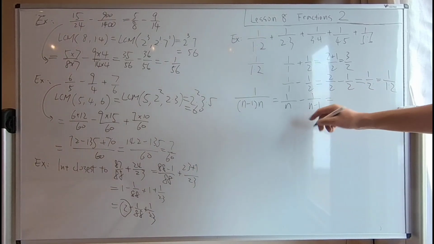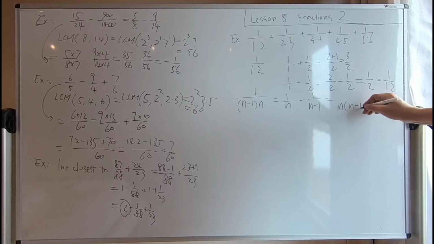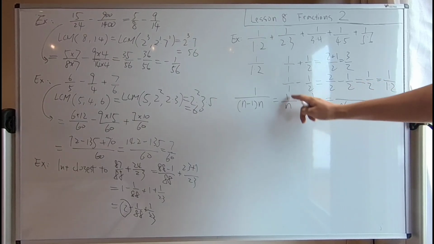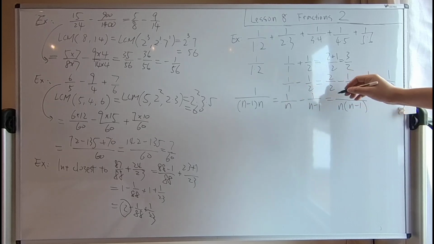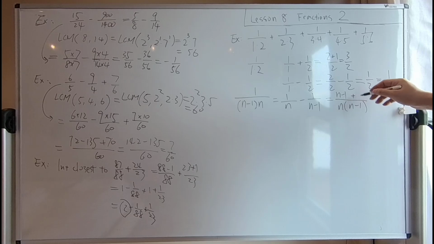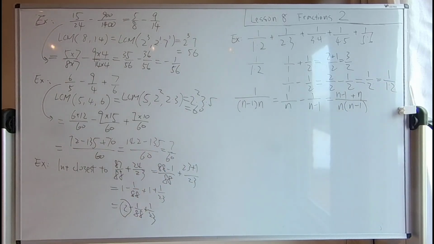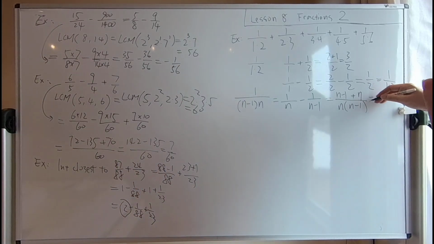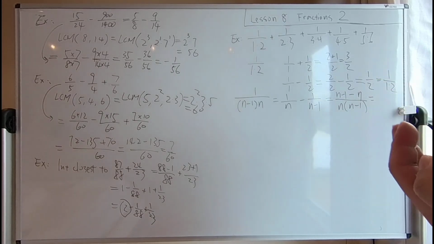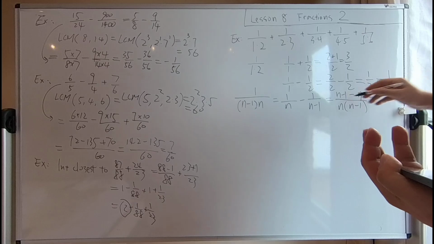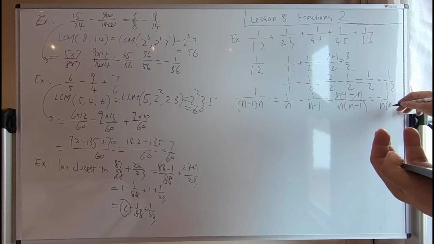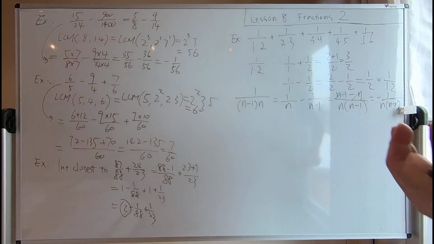Taking the common denominator of these two fractions, on the numerator I get n minus (n minus 1), so the n terms cancel out, and this is 1 over n times (n minus 1).